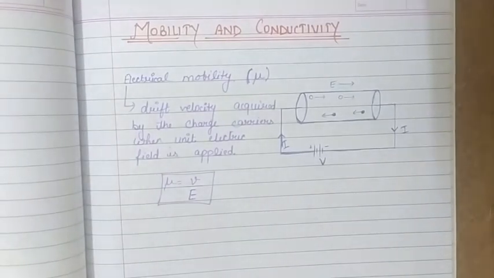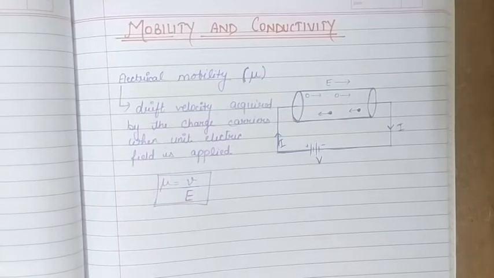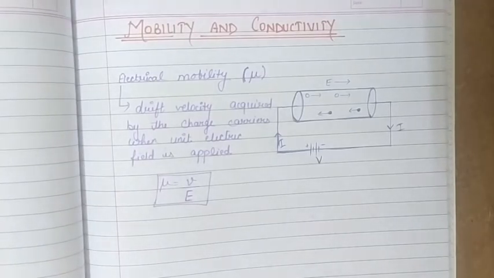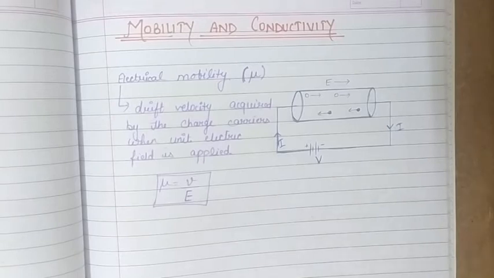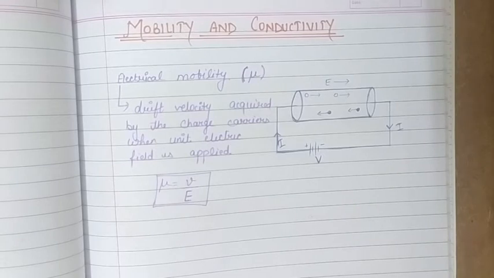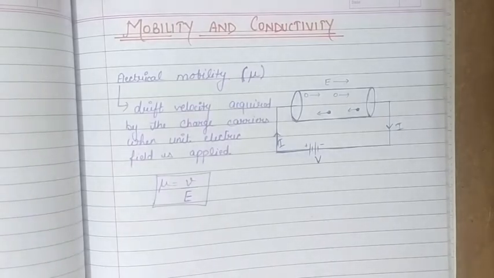Now the point here is to note that in case of electrons present in conduction band, the electrons are almost free, that's why they get easily accelerated by the electric field, but electrons in valence band are comparatively bound by the atoms of the semiconductor. They are less accelerated by the same electric field and acquire a drift velocity which is smaller than that of the electrons present in conduction band.